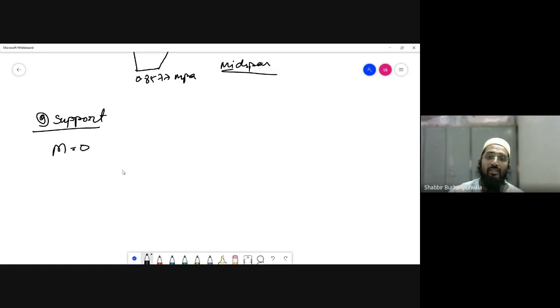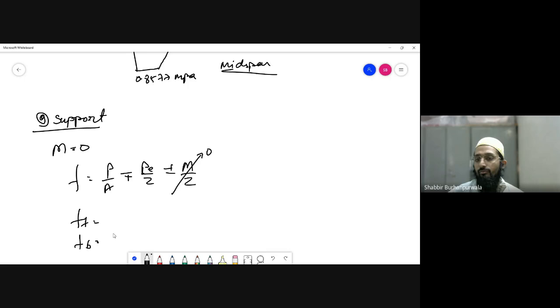Everything else will remain same. Okay. So now what will happen? The complete formula that you wrote, P by A minus plus P e by Z plus minus M by Z, the external moment term is going to be cancelled out. Based on that, calculate the value of f top and f bottom. Okay, I give you 2 minutes to calculate that.